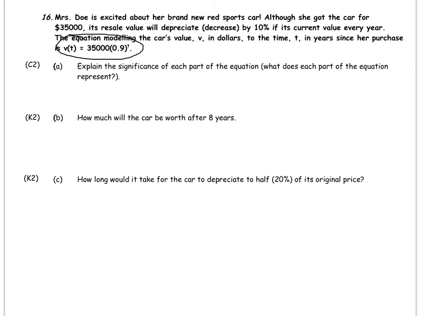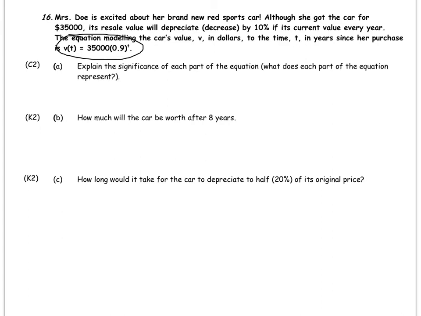First, we are supposed to explain the significance of each part of the equation. 35,000 is the initial value. 0.9 is the decay factor. This one represents how much the value of the car is depreciating every year, and t represents the time here, which is represented in years.